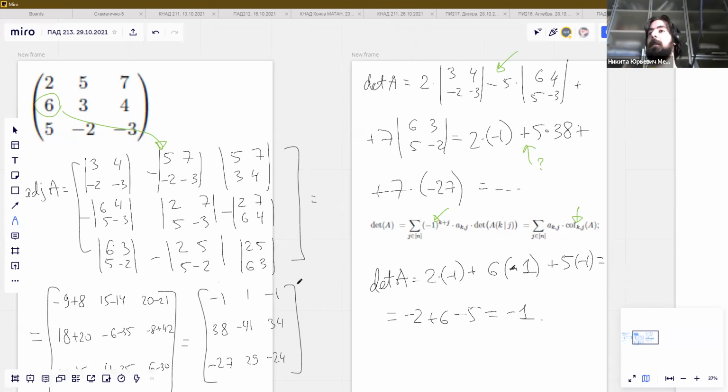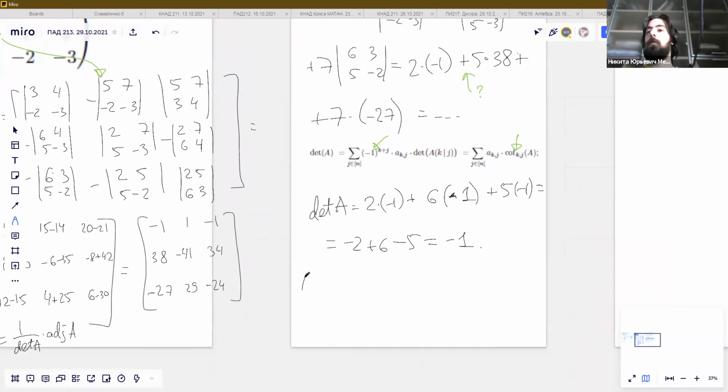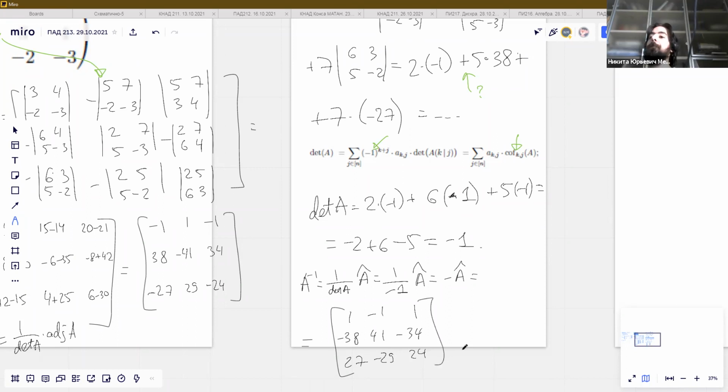So what remains is to compute the inverse matrix. I simply reverse all the signs. And that's it.